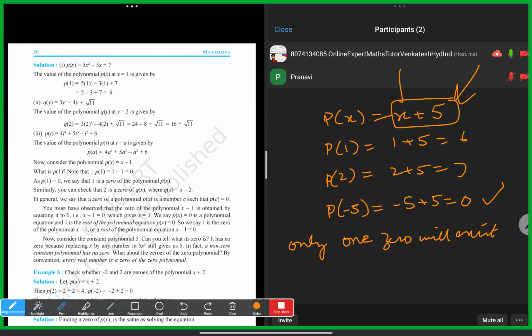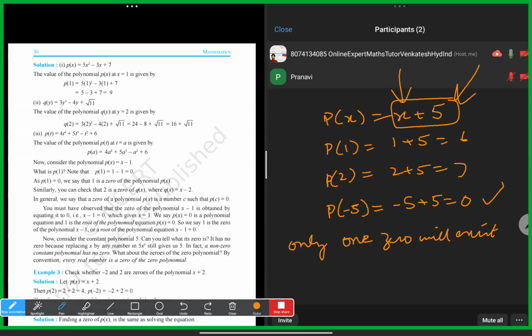This is a linear polynomial because x is to the power 1, so one unique zero will definitely be there. If you keep any x value other than minus 5, this result will never become 0.